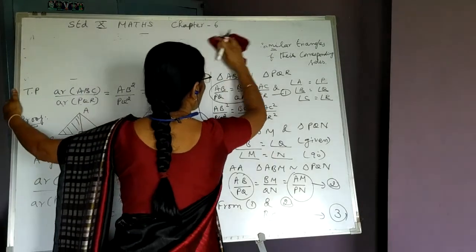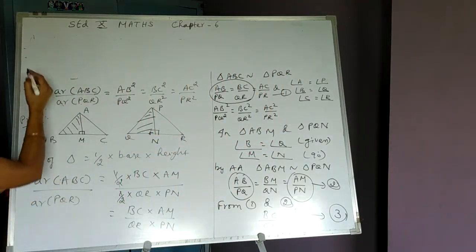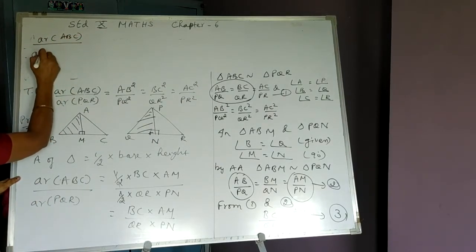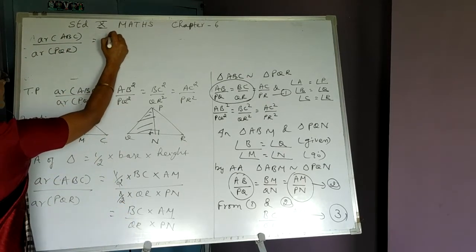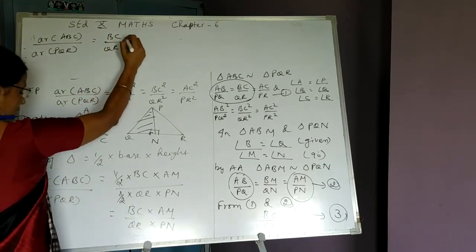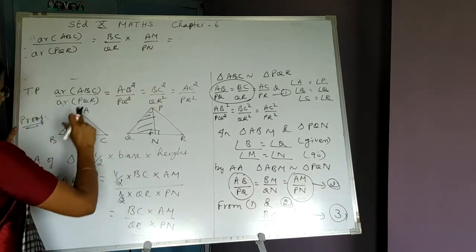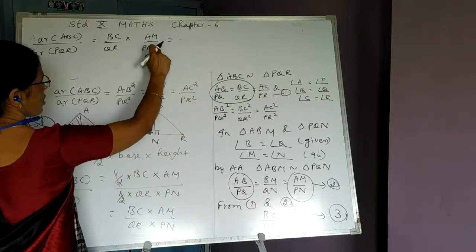Now we are going to use an area result. What is the area we have found? Area of ABC upon area of PQR, we have found it is equal to BC upon QR into AM upon PN, right? In the result, if you see, there is no AM upon PN. You can say this is the unwanted term.